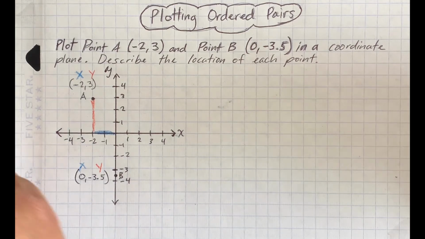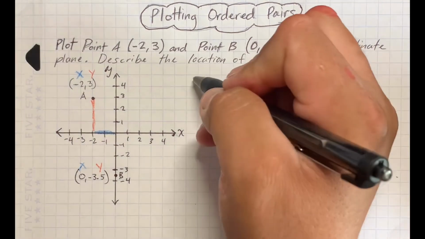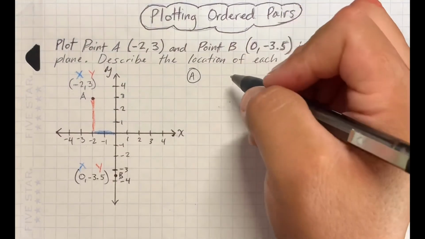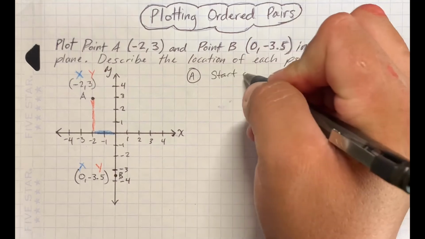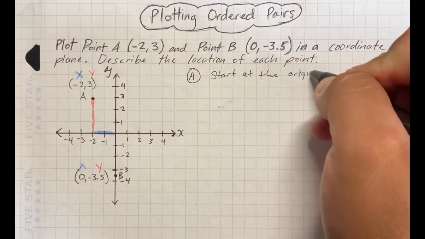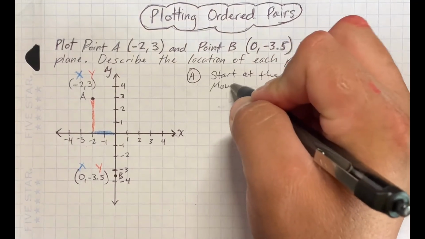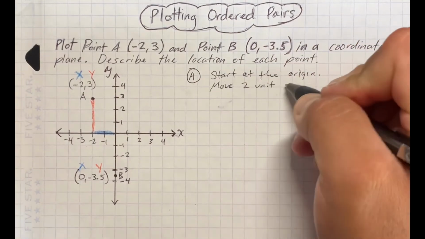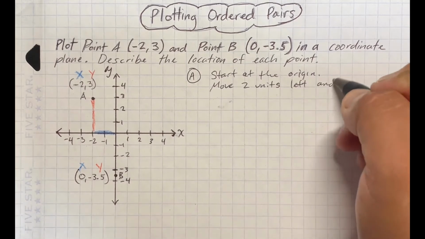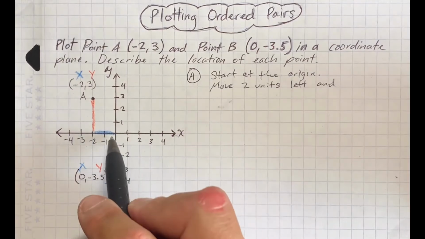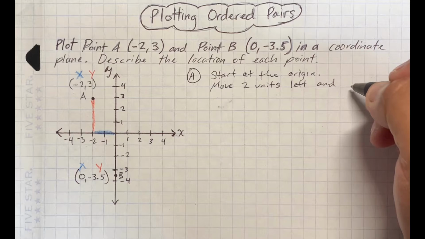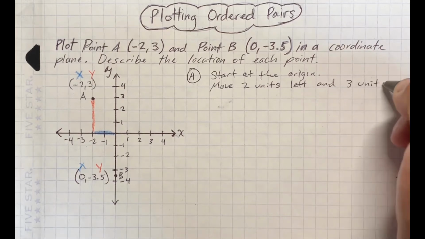Okay, so to describe this now, for the first one, point A, we always start at the origin, start at the beginning, okay? And then we move 2 units left, and then move 3 units up.